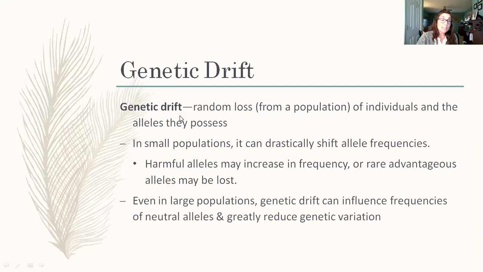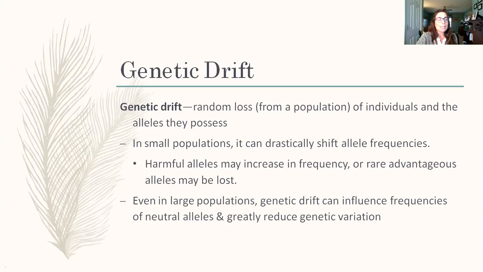Okay, genetic drift is another mechanism of evolutionary change, and genetic drift happens when you have a random loss of individuals from a population, and therefore you have a random loss of alleles from the population. It's nothing to do with fitness.